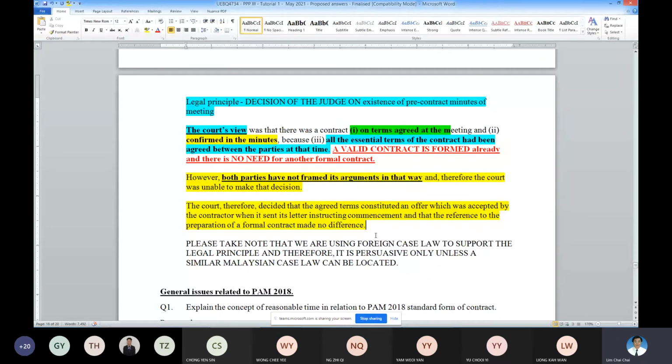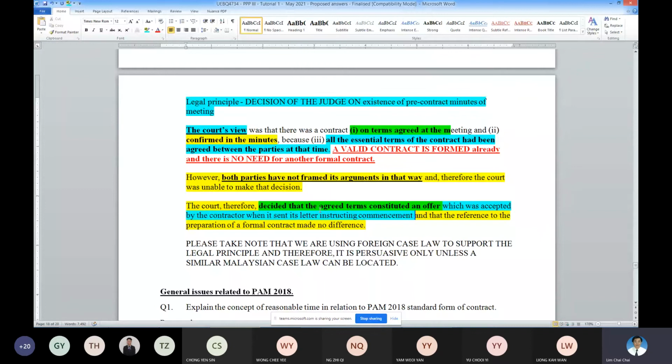However, the court decided the agreed terms constitute an offer, which was accepted by the contractor when it sent its letter instructing commencement. So this is how the judge analyzed in a separate way.